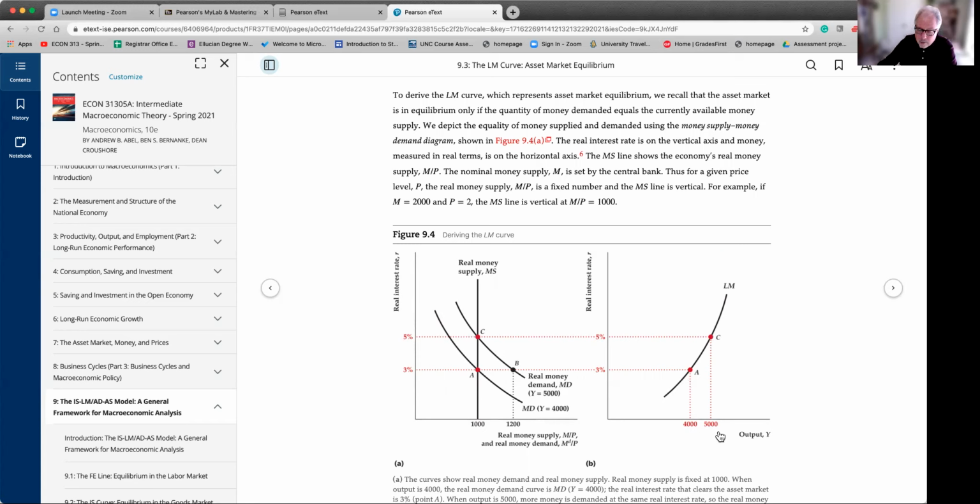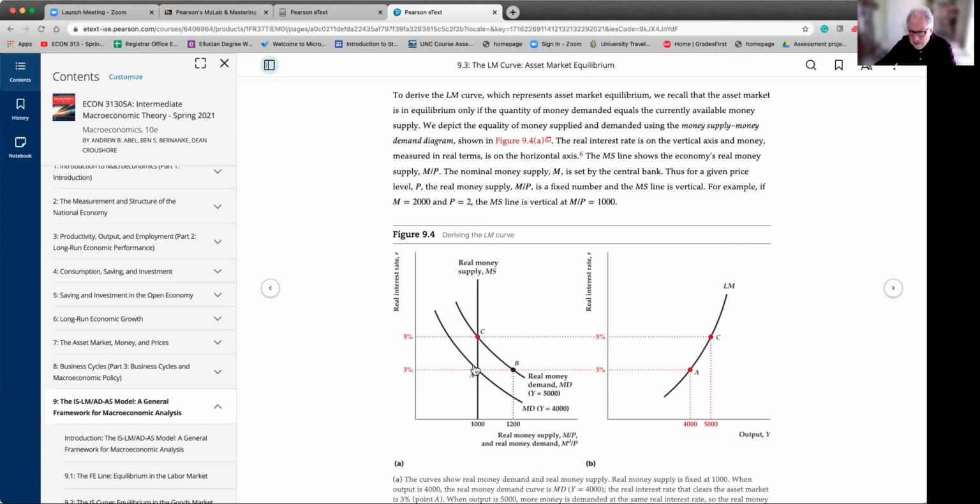And again, just like in the goods market, we're going to flip that question around now and say, okay, for a given level of real GDP, what things could cause the equilibrium interest rate to rise or fall in the asset market, the money market? And those will be things that shift the LM curve. For example, a change in the money supply brought about by the Federal Reserve to carry out monetary policy, for a given level of real GDP.